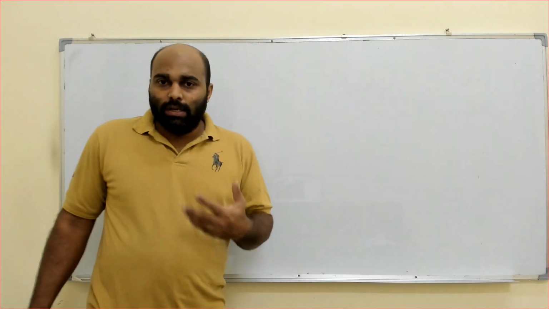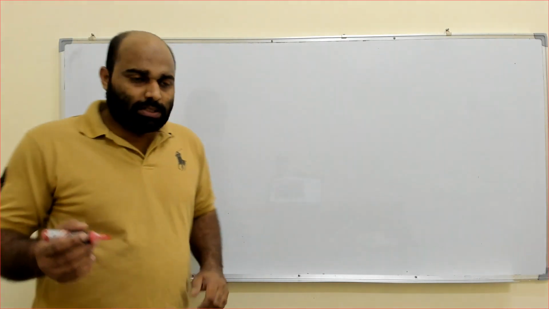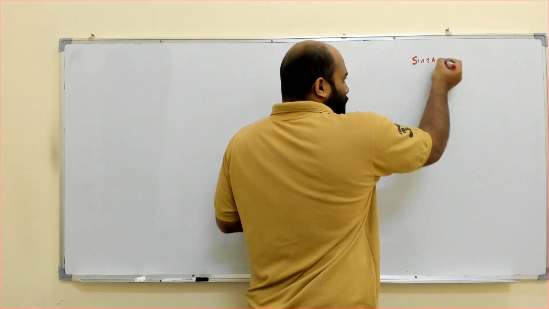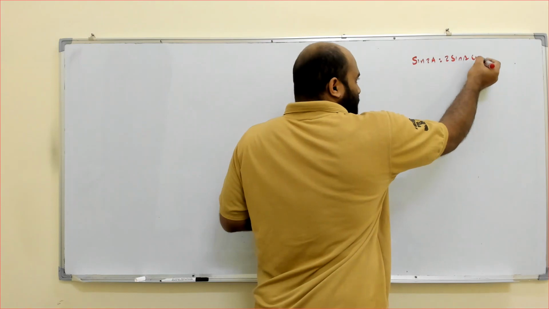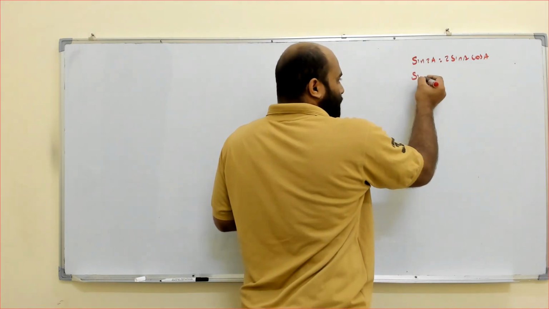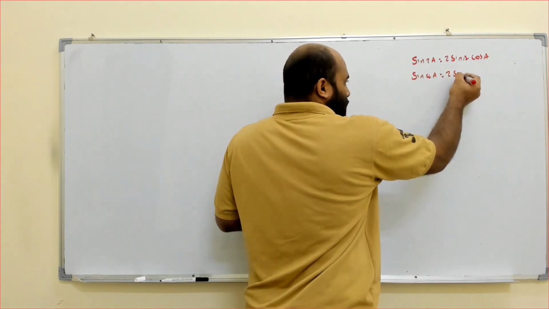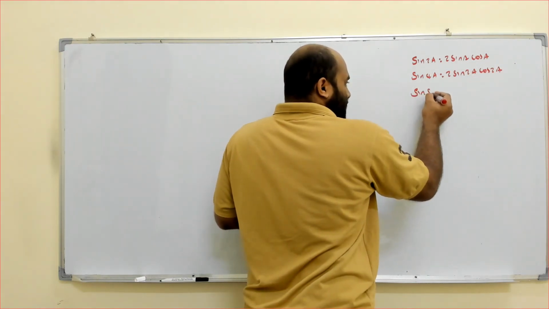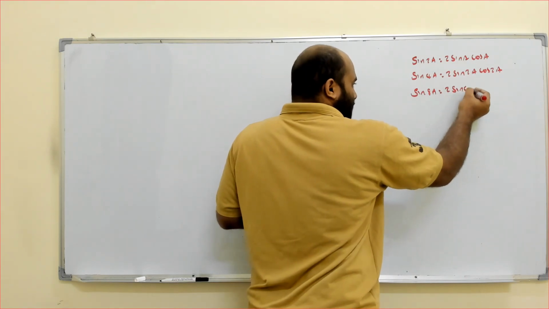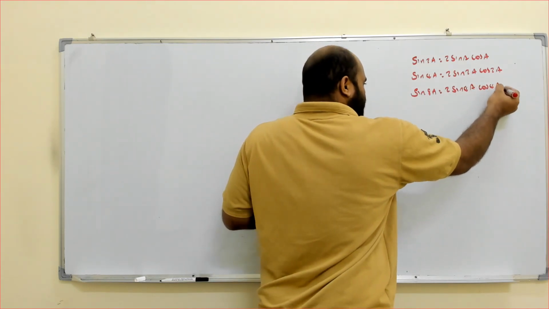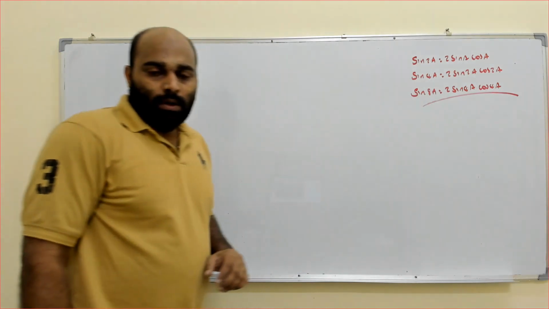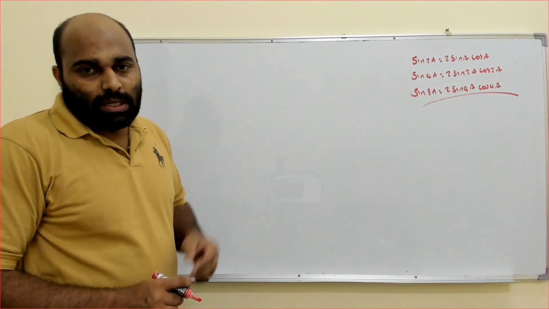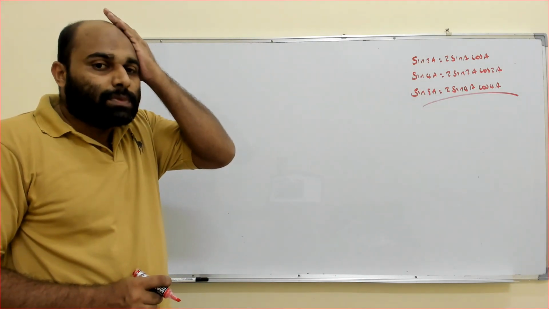Now more results, which we already learned. Sine 2A is 2 sine A cos A. What about sine 4A? It will be 2 sine 2A cos 2A. What is sine 8A? It will be 2 sine 4A cos 4A. Same way, we know what 1 minus cos 2 theta and 1 plus cos 2 theta are.